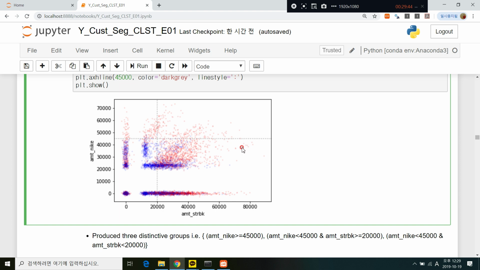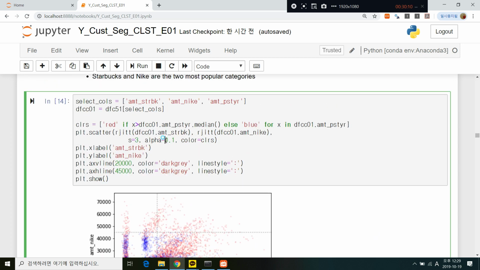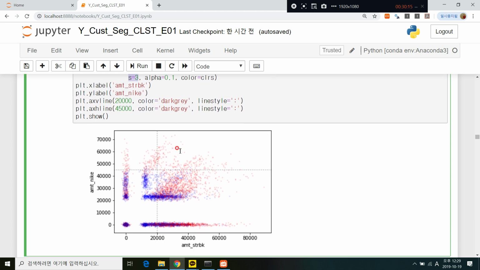But think about it: if you put all those points in a single scatter plot, it could be quite confusing to understand the pattern because all those spaces are full of points. That is why I apply alpha and size parameters.